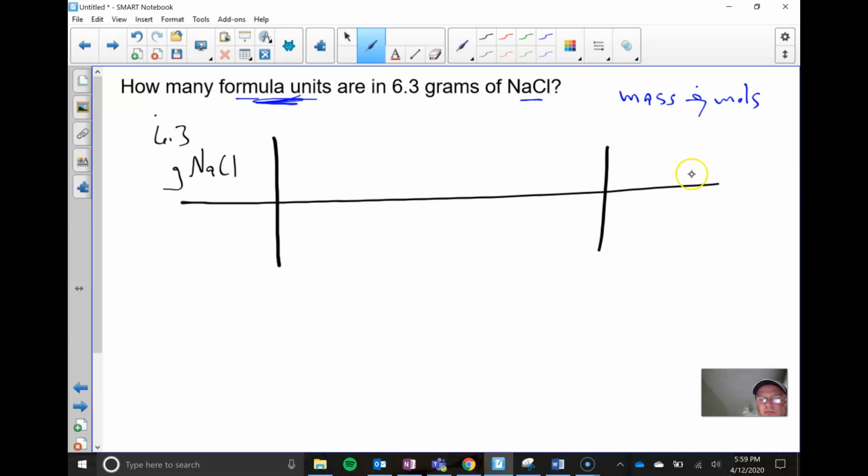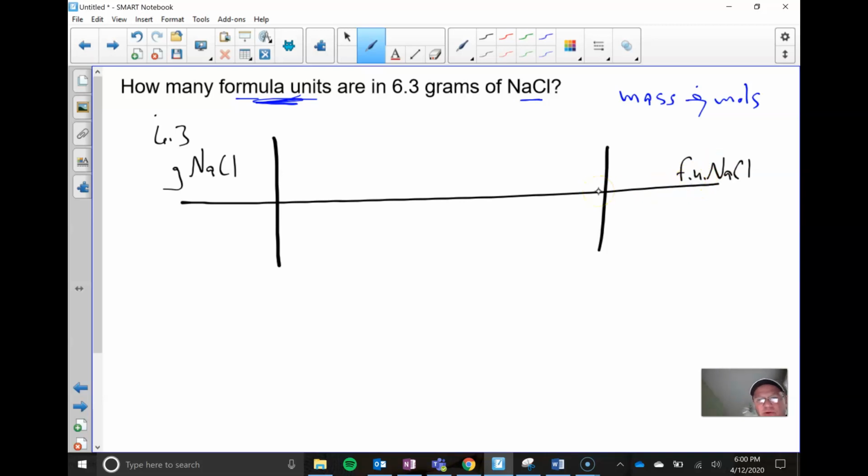On the right, I'm going to put the information that I'm trying to find. And that's formula units, so there's the abbreviation FU, of sodium chloride. Okay, so now, I don't have a single conversion that would take me directly from mass to a representative particle, okay?